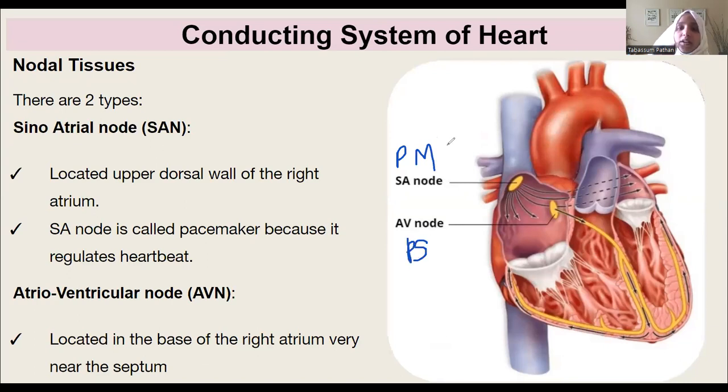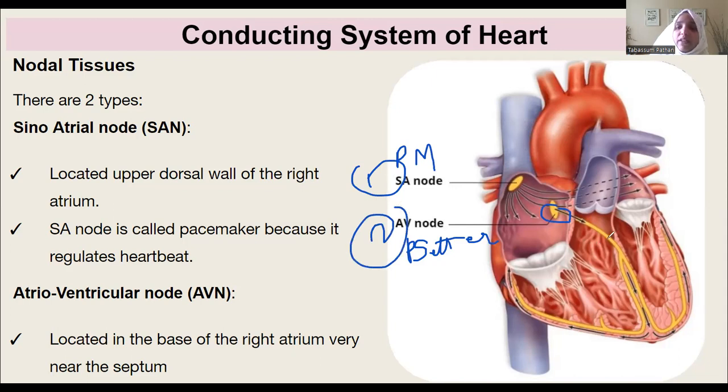Once the speed is decided by the SA node, the AV node will maintain that speed of the heartbeat. Hence, pace setter. So the signal starts from the SA node and is taken to the AV node. Then the AV node will further give it to the next member. The first member is the SA node, the second member is the AV node.